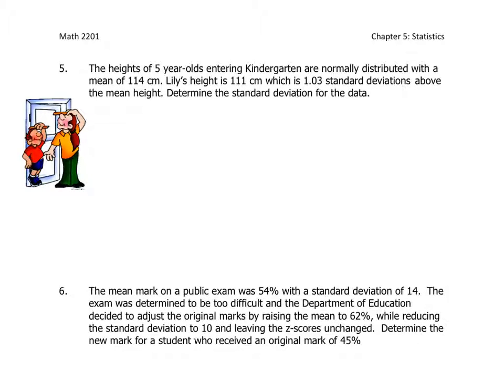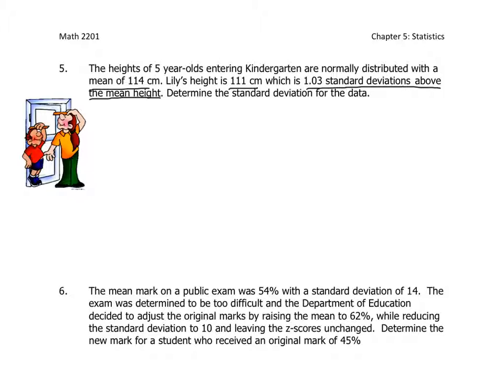Question 5. It says the heights of 5-year-olds entering kindergarten are normally distributed with a mean of 114 centimeters. And Lily's height is 111 centimeters, which is 1.03 standard deviations above the mean. So this piece of information is not telling you the standard deviation. It's telling you that it's 1.03 standard deviations above the mean.